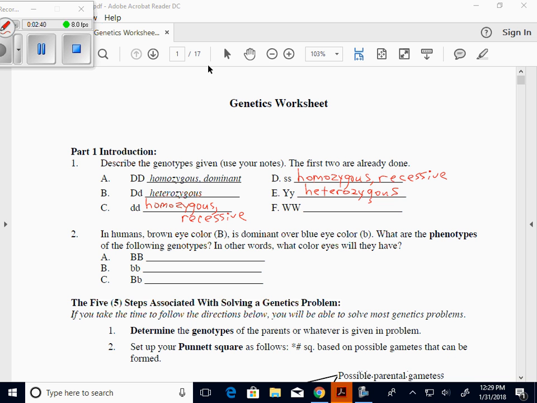What do I call them, though? Homozygous, and the capital letters are? That's homozygous or purebred. We use them interchangeably, but what are capital letters? Dominant. Excellent.